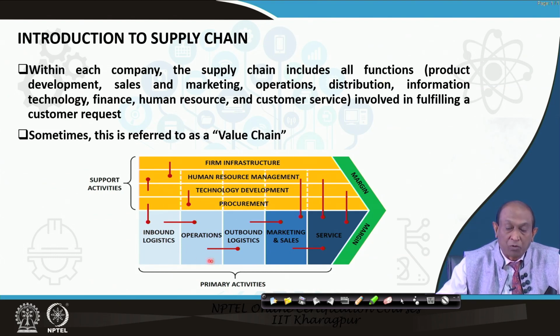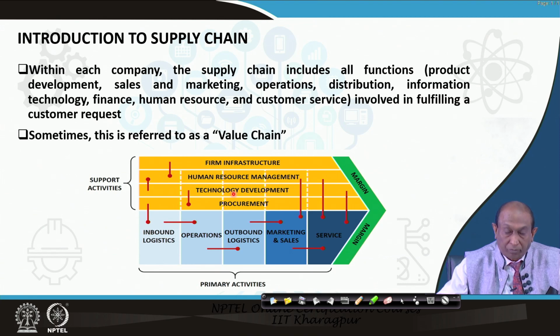If we look at this particular slide, you will find that the primary activities of a value chain consist of inbound logistics, then operations, outbound logistics, marketing and sales and then services. This is supported by the support activities in terms of procurement, technology development, human resource management, firm infrastructure, and information technology comes under technology development.